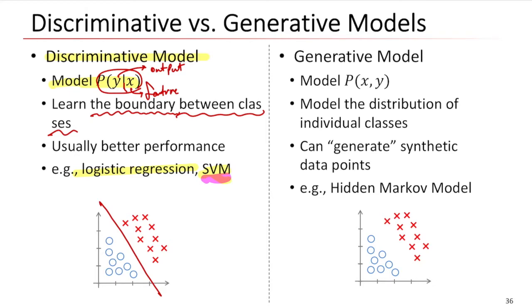Then, what is the generative model? The generative model tries to model p of x comma y. It means that it is what? The joint probability.